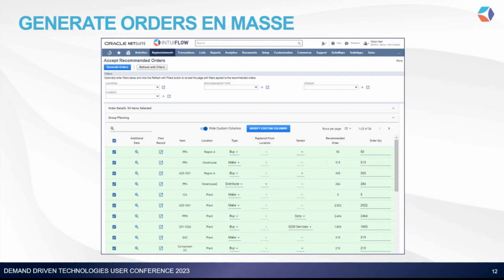Questions on that? So right now, we have roughly 125 buffers. Buffer profile, yep. And they are set up with certain values as relates to the red zone safety, red base safety, yellow zone factors.